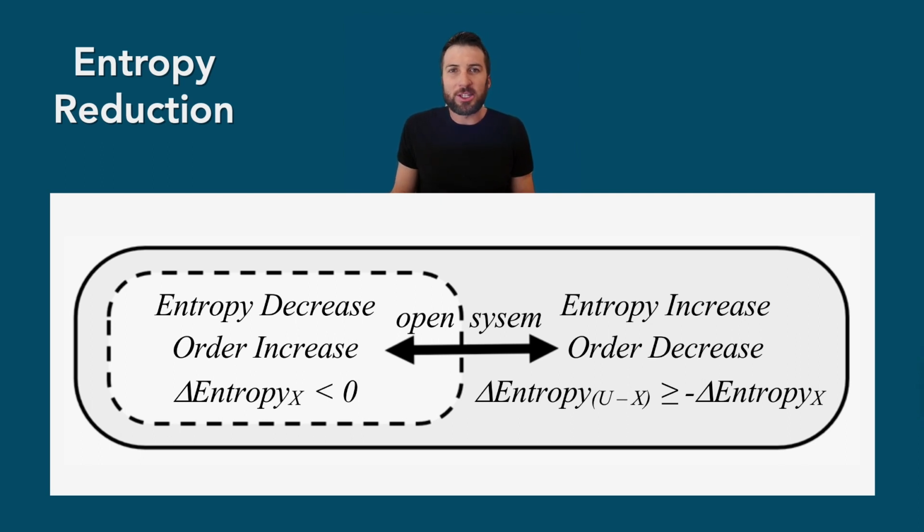So if entropy is decreasing for a given subsystem X, it means that everything in the environment outside of X, the universe minus X, U minus X here, must increase. It must increase by the same or more if it's an isolated system.